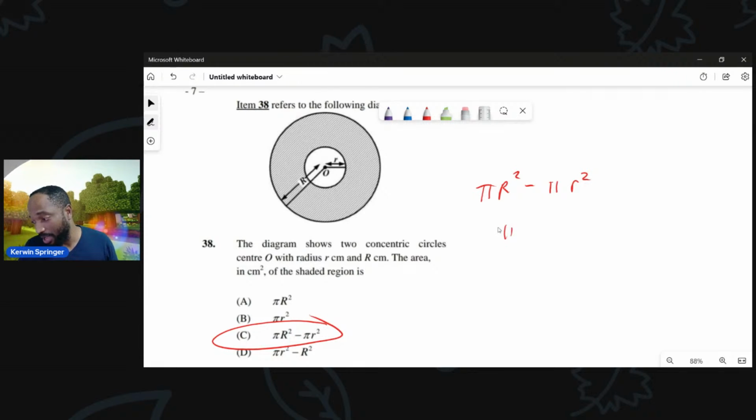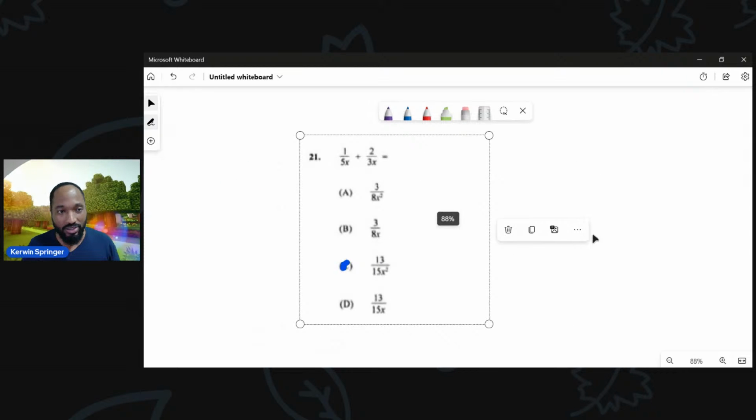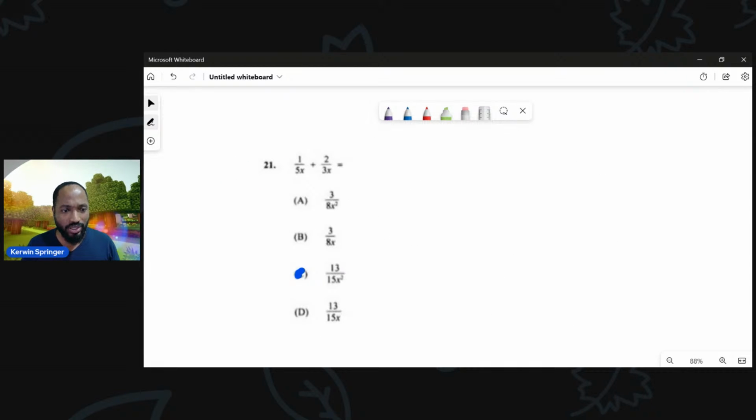Like they could have said pi into R squared minus r squared. That one didn't even have a trick in it. Why is the answer for this D and not C? People keep sending this question to my students, to me, to everybody.